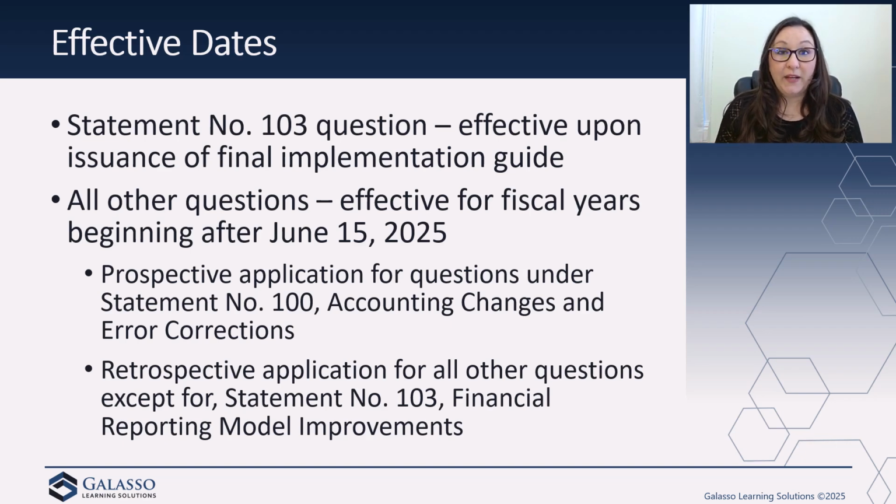So we have prospective application for questions under Statement No. 100, accounting changes and error corrections, so those 4 questions. Then we have retrospective application for all other questions except for what we addressed above as Statement No. 103, financial reporting model improvements.